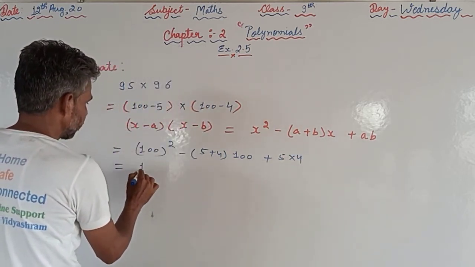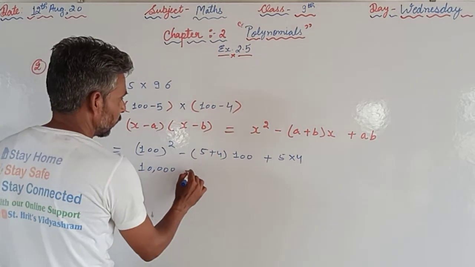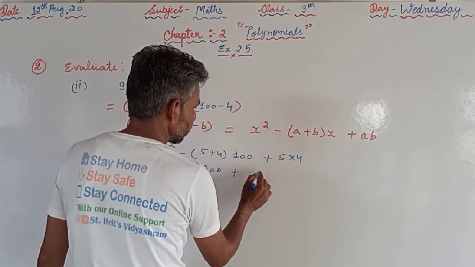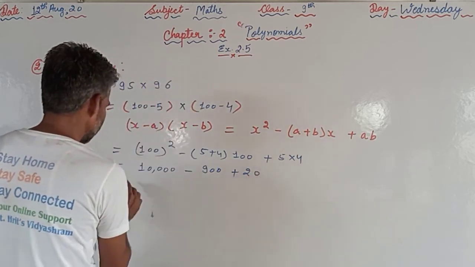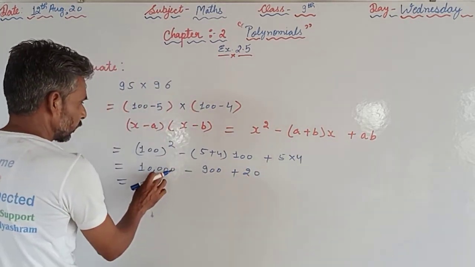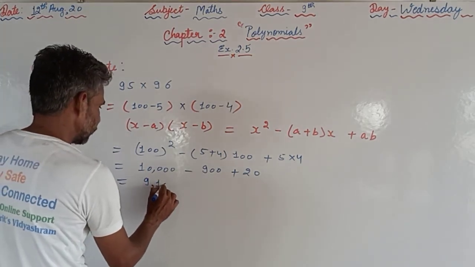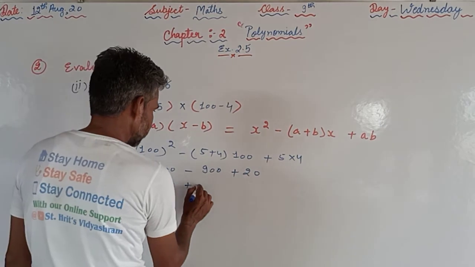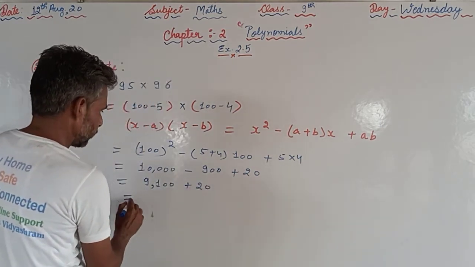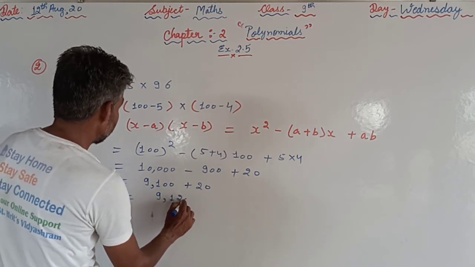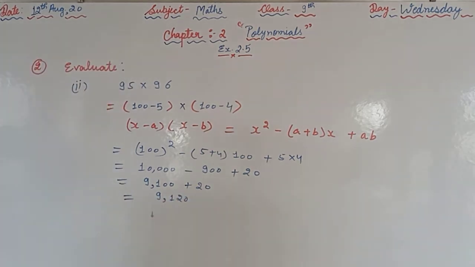So that will be 10,000 minus 9 into 100, 900, plus 20. So that will be 10,000 minus 900, which is 9,100, plus 20, that is 9,120. That is the answer of this question.